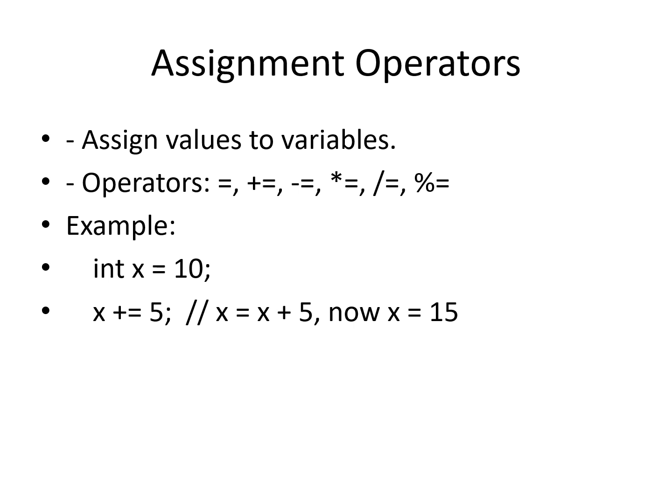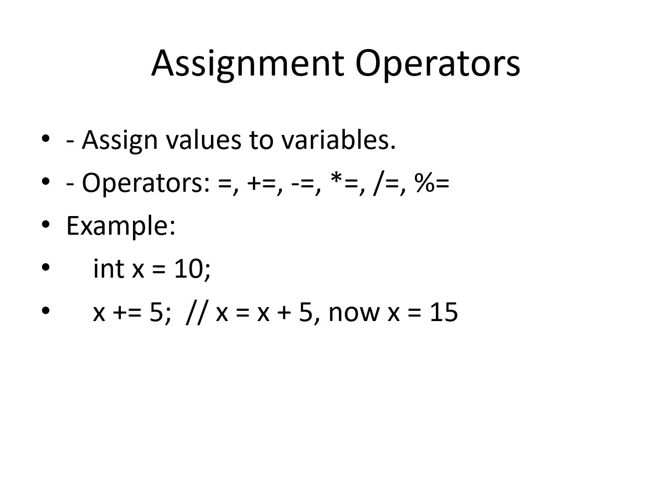The next operator is the assignment operator. The assignment operator is used for assigning values to variables. These operators are equal to, plus equal to, minus equal to, multiply equal to, divide equal to, and percentage equal to. Example: int x equal to 10. When we write x plus equal to 5, it is a short form of x equal to x plus 5.